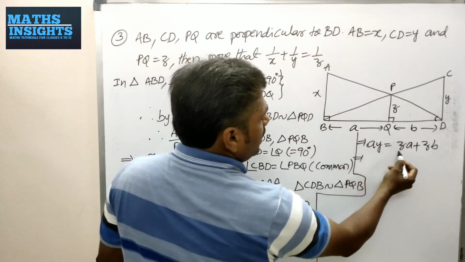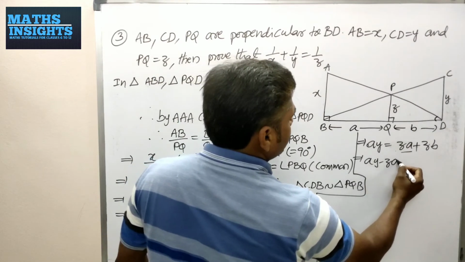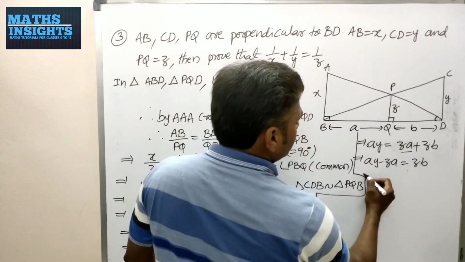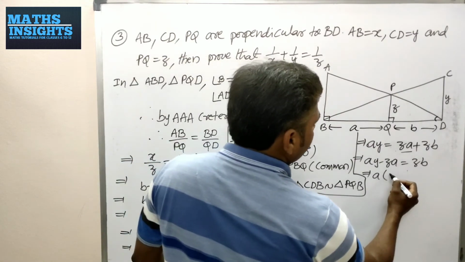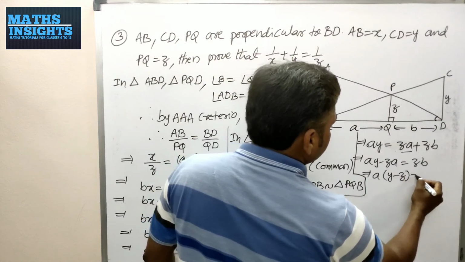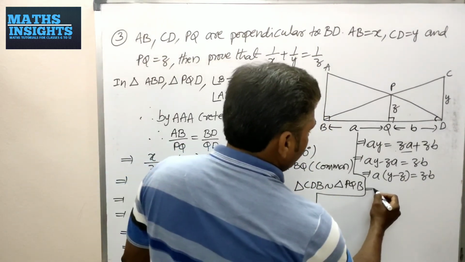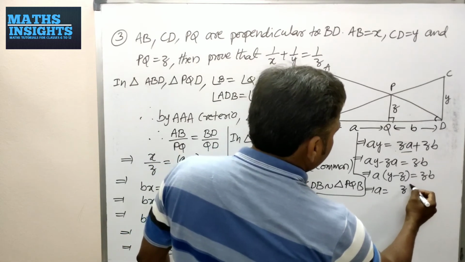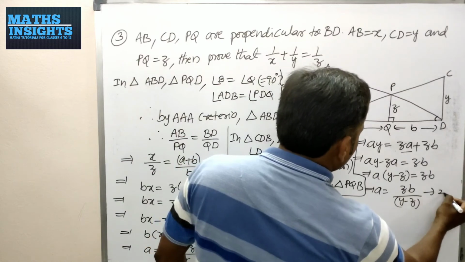So AY is equal to ZA plus ZB. Taking AY minus ZA is equal to ZB. If you take A as the common factor, it becomes A into Y minus Z is equal to Z into B. Therefore, A equals Z into B by Y minus Z. Let it be 2.